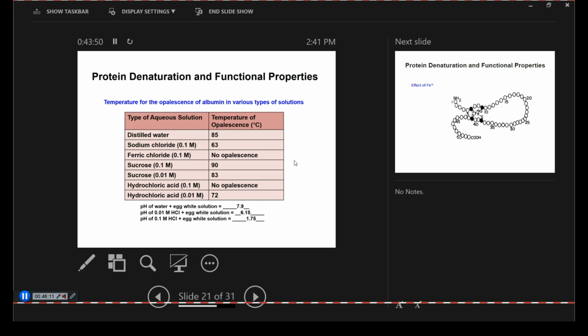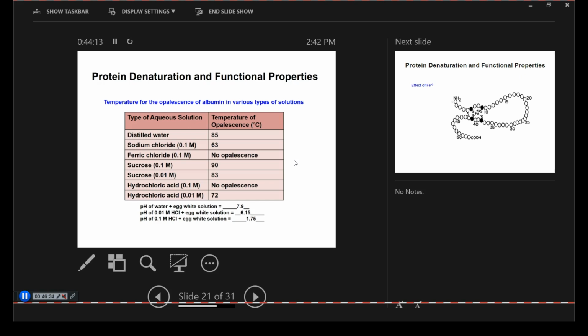It went much lower than the isoelectric point, so we had a net positive charge. All of the ionizable groups on the protein carried positive charge now, and because of that, they're interacting much more with water. By interacting much more with water, we didn't reach denaturation.